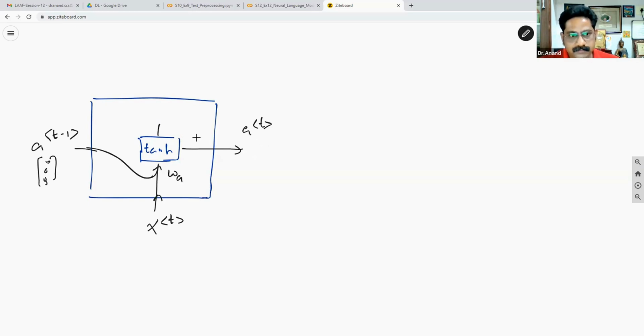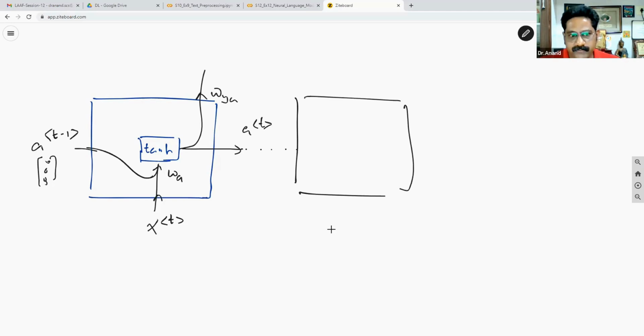With whatever AT you have got, we scale this AT by another weight matrix, WYA. The same AT is going here. Also this AT goes to the next state, for the next token XT plus 1.